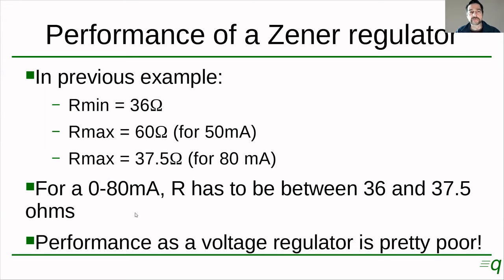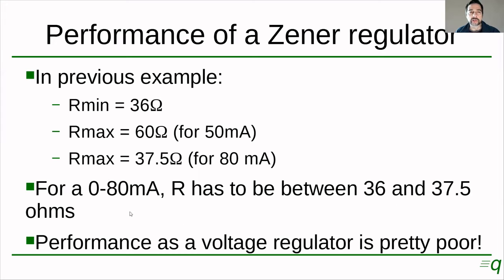So this means for a regulator that can deliver 0 to 80 milliamps, the resistor has to be between 36 and 37.5 ohms, okay? So this is very limiting. As you can see, we have pretty much no margin for error on the resistor.